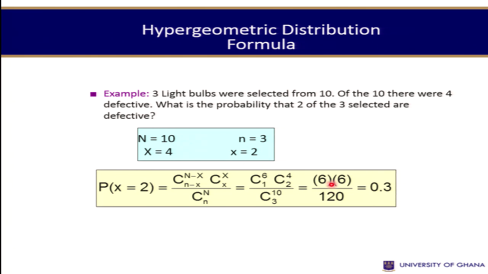When you do all of these, 6 combination 1 is 6, 4 combination 2 is 6, 10 combination 3 is 120. That gives us 0.3. In other words, there's a 30% chance that 2 of the 3 selected bulbs are defective.